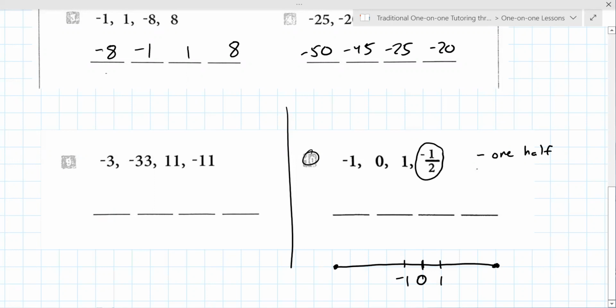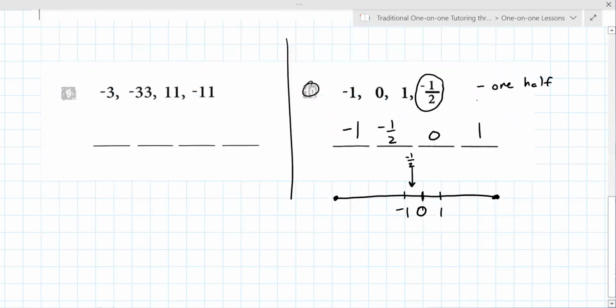And this is actually a number between 0 and -1. That's where -1/2 lies. So in this case, it's -1, -1/2, 0, and 1.